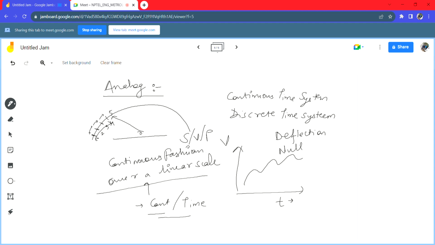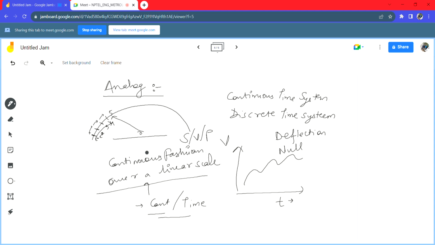So deflection type and null type go with the same approach to measure the values, but they represent the values in absolutely different fashion, absolutely out of phase fashion. Like how? Like if this is my device and it is reading some values, and based on the values it is giving me a deflection, this is called a deflection type instrument.